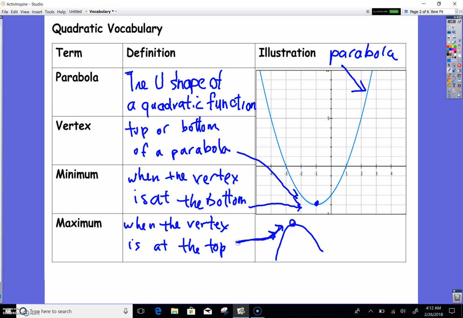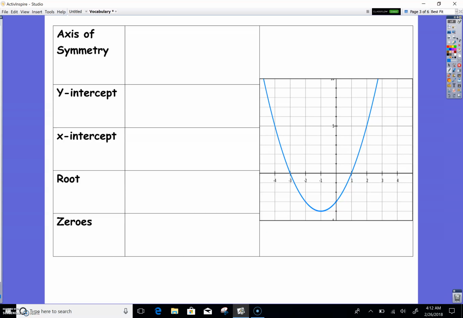That point right there is my vertex and it's at the top. The axis of symmetry cuts the parabola in half.